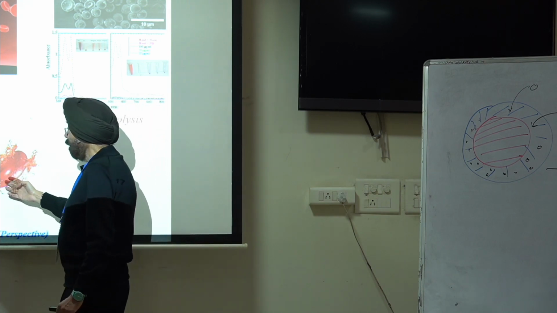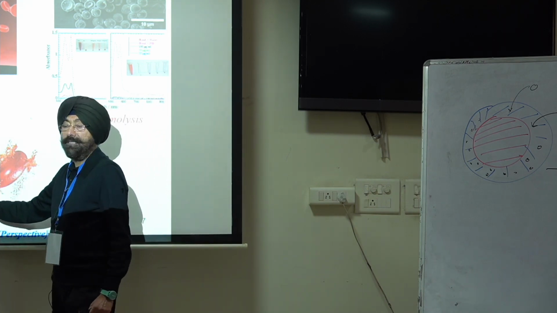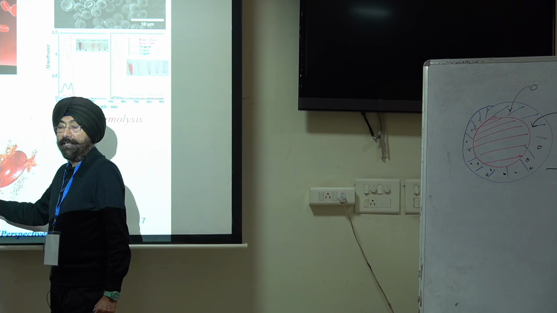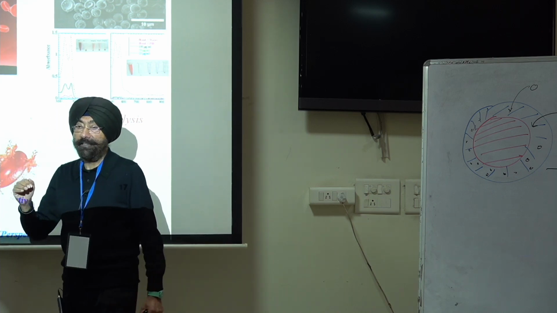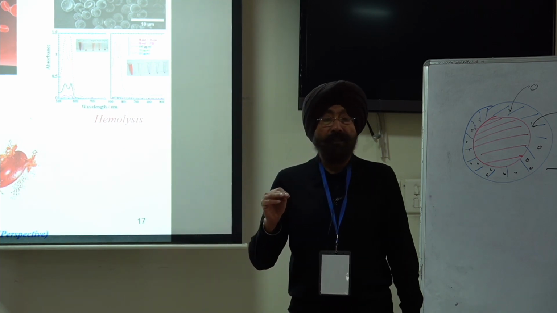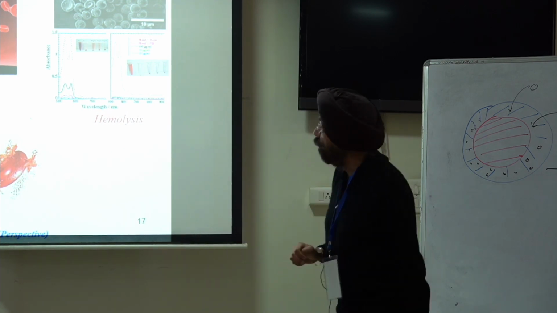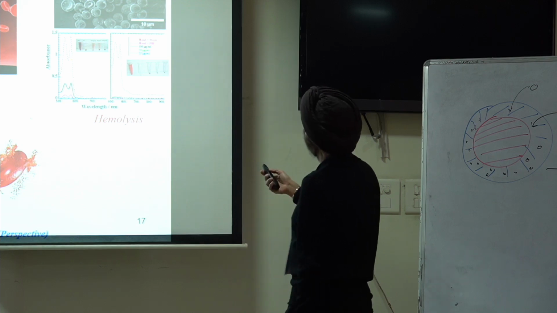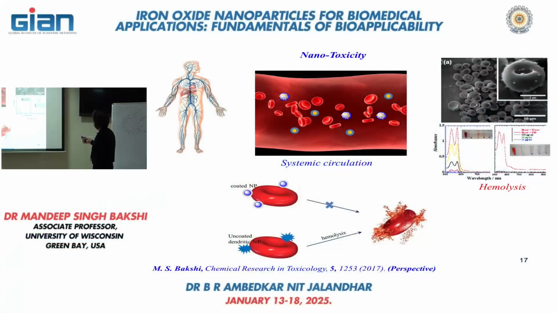When we break the blood cell, the process is known as hemolysis. The main objective for a nanoparticle that is going to be used for biomedical application is that hemolysis must be avoided. So you can see in this image, the nanoparticles are attached to the blood cell, but they are not breaking the blood cell, right?